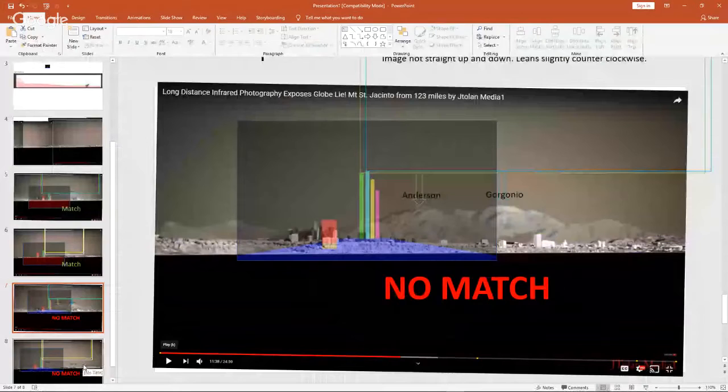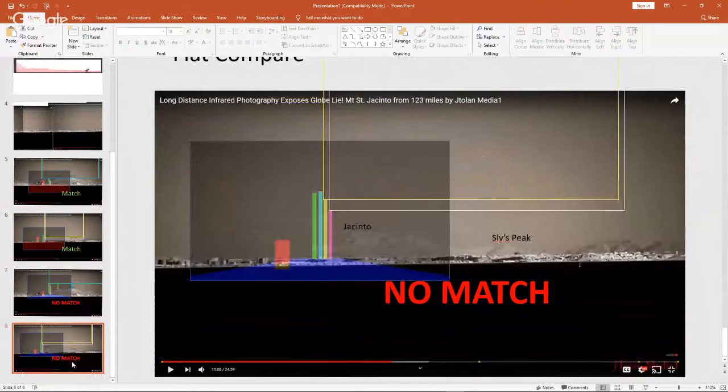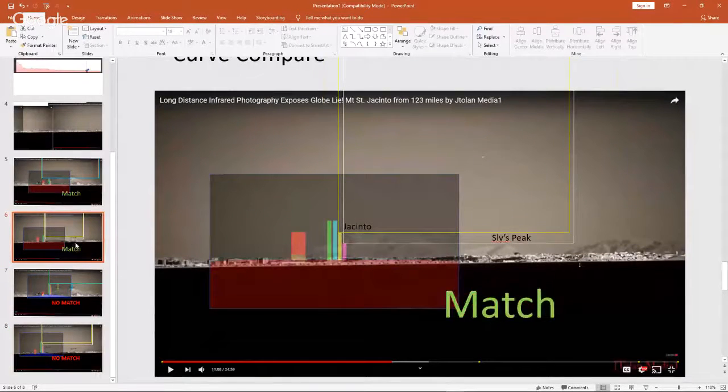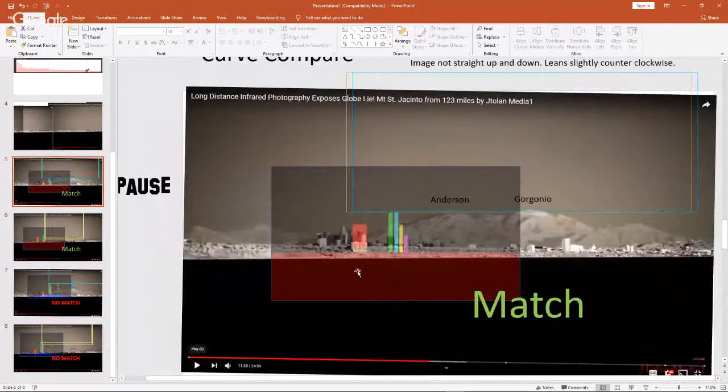Okay, no match on the Anderson and George, and it doesn't match on Jack and Sly at all. But it does match on the curve for Jack and Sly, and it does match for Anderson and George.